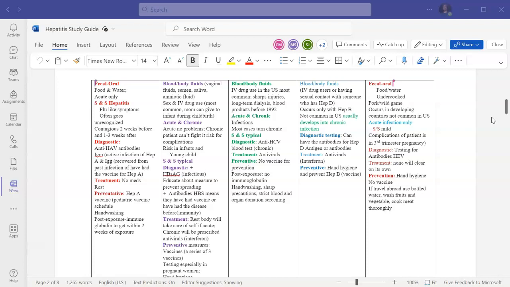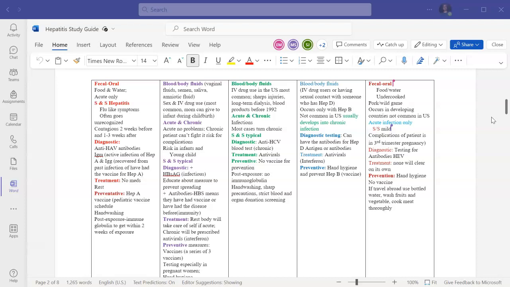How is hepatitis B going to be diagnosed? Again, with that serological marker test for Hep B. All right. So how is it going to be treated? Rest. Body will take care of itself if it's acute.